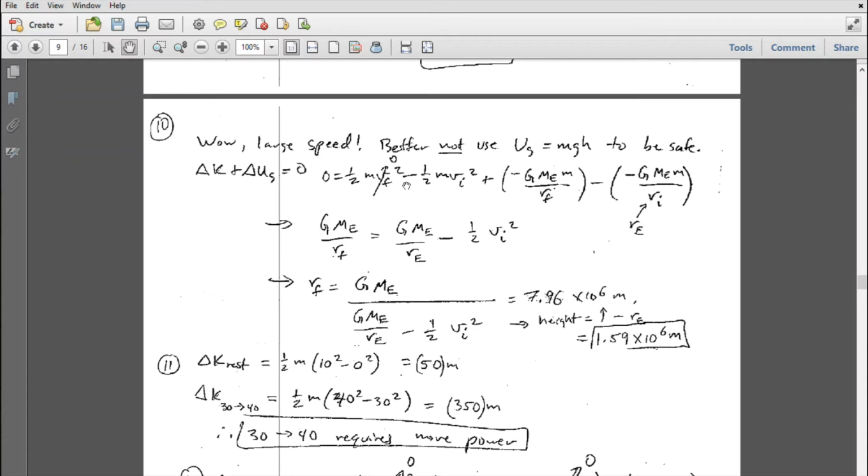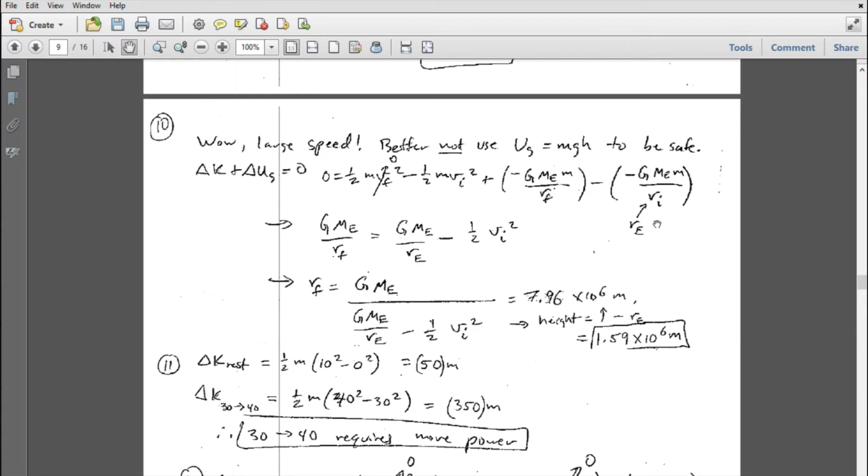V final is 0 because I'm taking the final to be when it momentarily comes to rest at the highest position. And for the potential energy, I've got to use, again, that gravitational potential energy, the minus G m1 m2 over R, and be very careful with the minus signs. So I'm subtracting them and putting in the extra minus signs there.